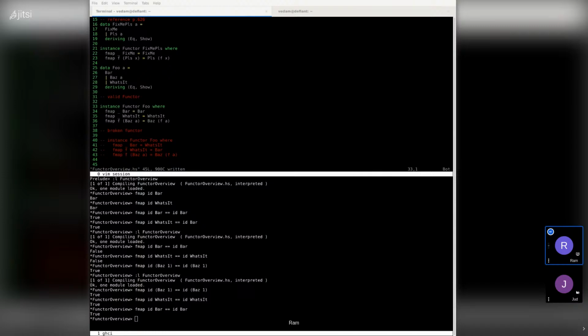What if you wanted something that does both? You want something that changes value and structure. Well, you could do that all the time. You can write a function that takes in a list and returns a string.